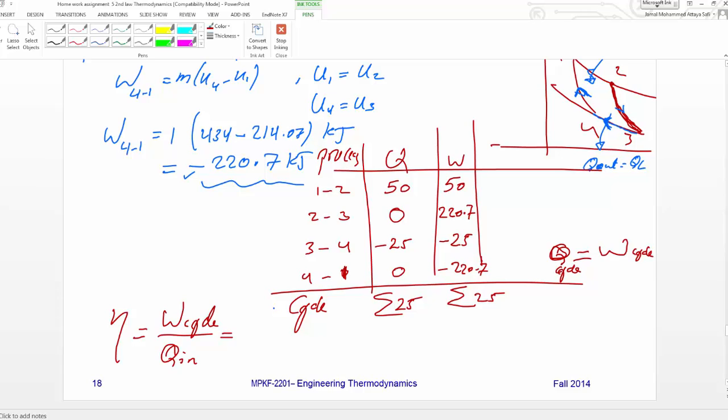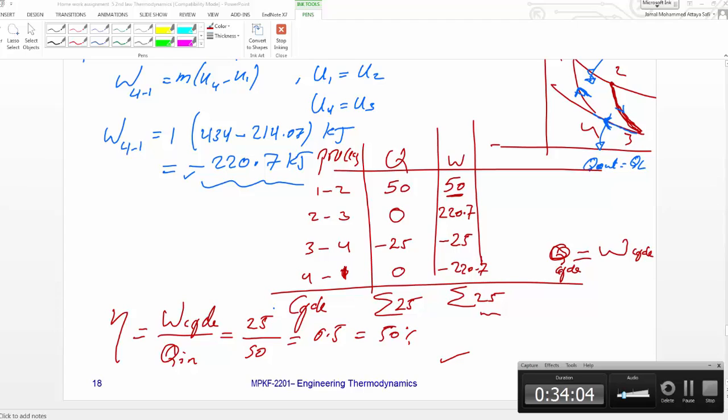The work of the cycle, as you can see, is 25 divided by Q in, Q added, and that gives you 50%. It might take time to do this, but as you see, it's very consistent and very logical. So thank you.